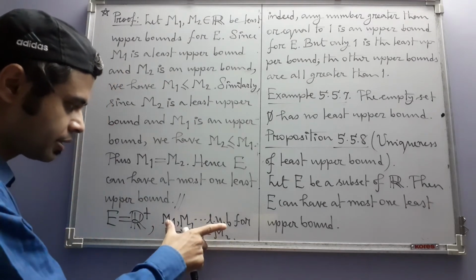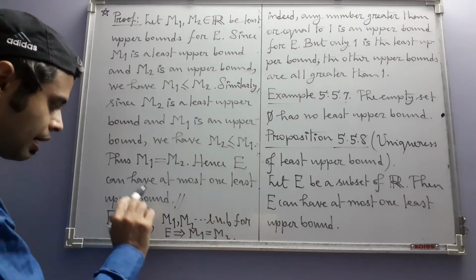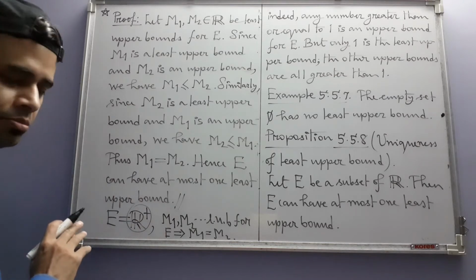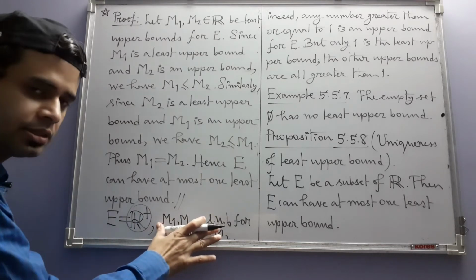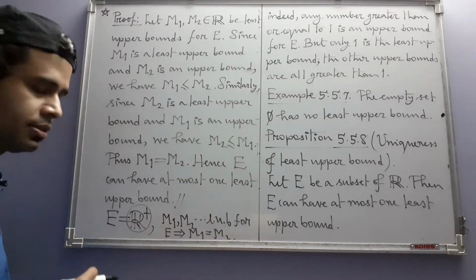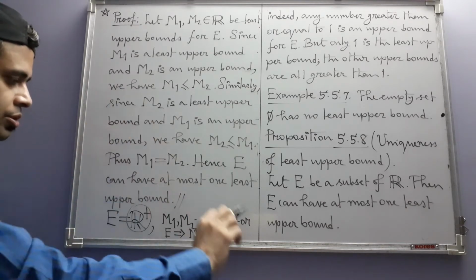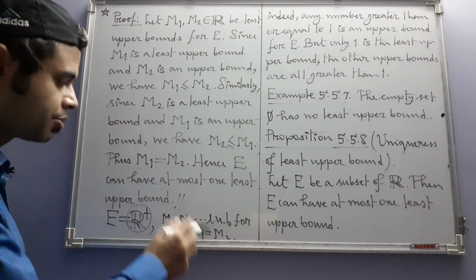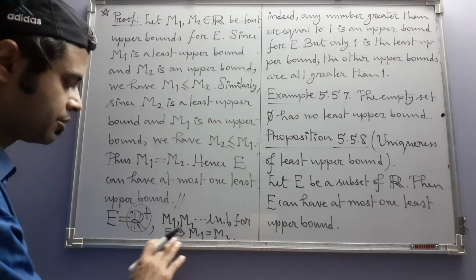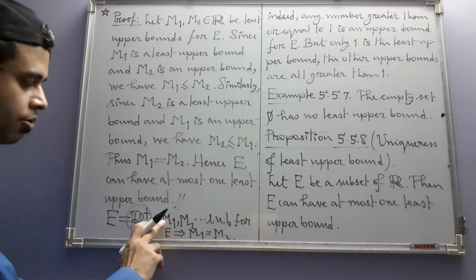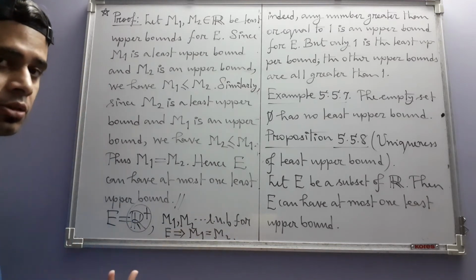So in this implication, the hypothesis is false because R plus has no upper bound to begin with. So how can it have any least upper bound? Because the hypothesis is false, the implication in this case is vacuously true. In fact, this is the case with most such implications. If the hypothesis is false, then there is no need to worry about the situation because the implication will be vacuously true. Only when the hypothesis is true do we have to actually show that the conclusion is also true.